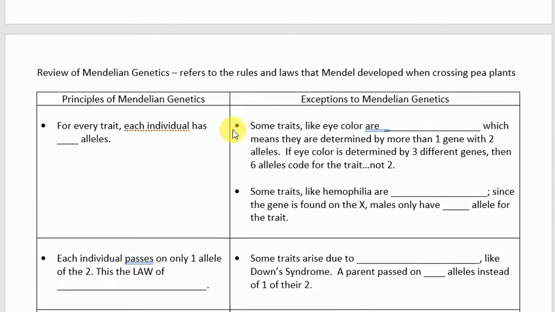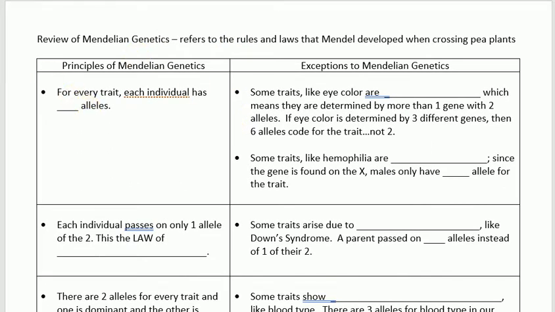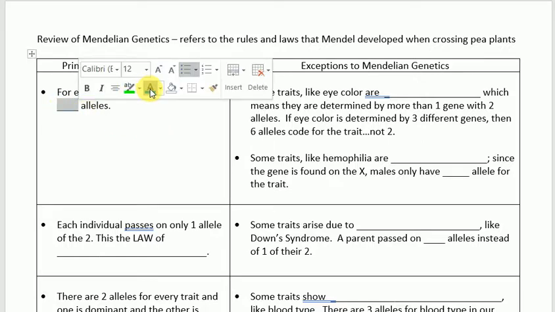So let's review really quick. So on the left, we're going to go through the principles, and then we're going to look at the exceptions. Okay, so we're going to go down the left side, and then we'll come back and go down the right side. So for every trait, each individual has 2 alleles.